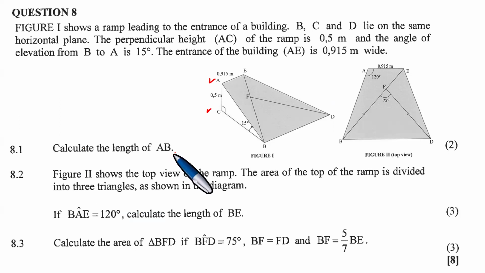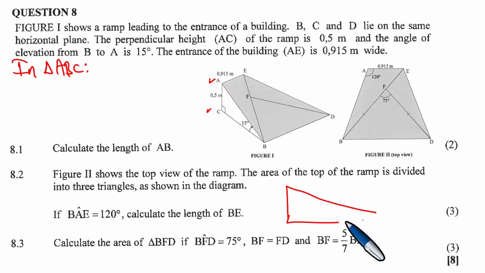So if we are to find the length of AB, for 2 marks, we're going to work in a triangle. So we choose a triangle in which to work. In triangle ABC, we want to find AB, which means you're going to be in a position to have this triangle.